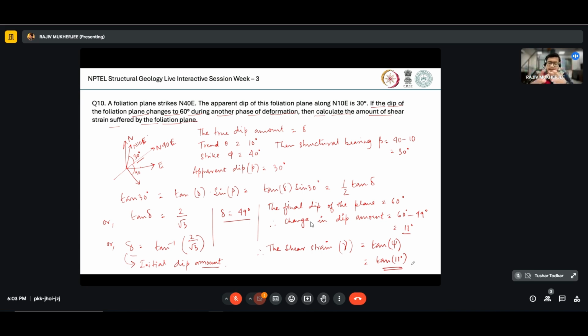Then we talked about the concept of the deformation matrix and how it is calculated through equations. After that, we solved some numerical problems and MCQ problems related to strain and deformation. So this was the third week's discussion session.